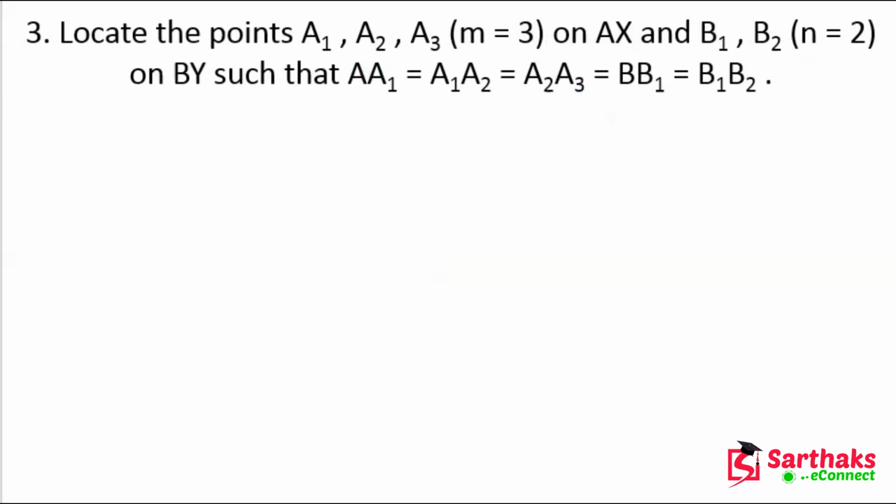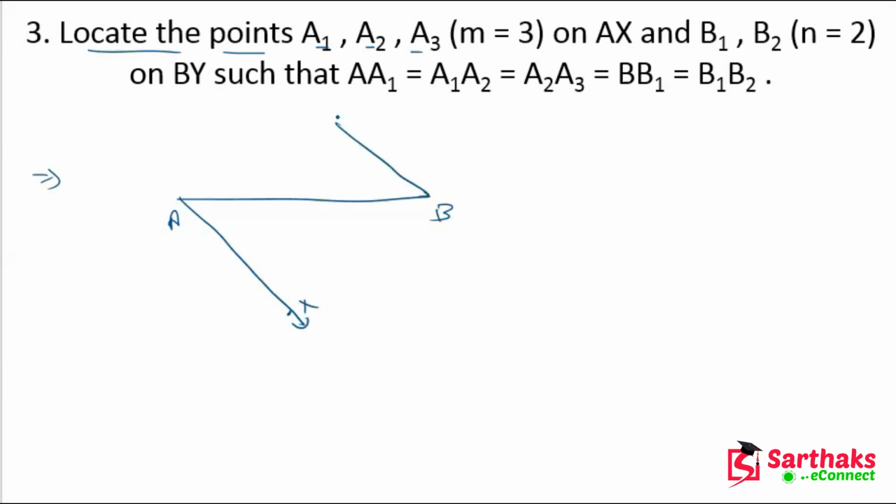So now the next step is to locate the points A1, A2, A3 on AX. This is a line AB, this is a ray AX, and this is ray BY.